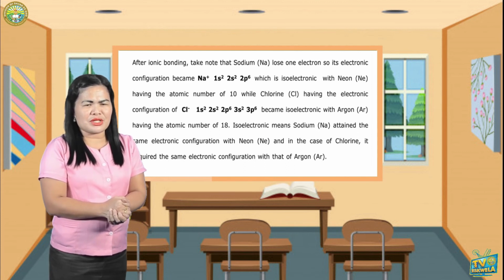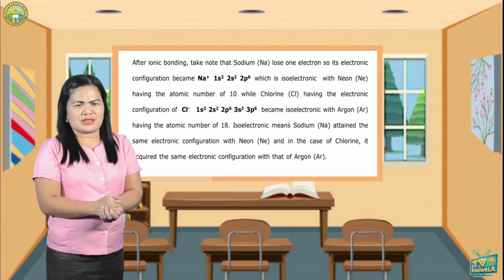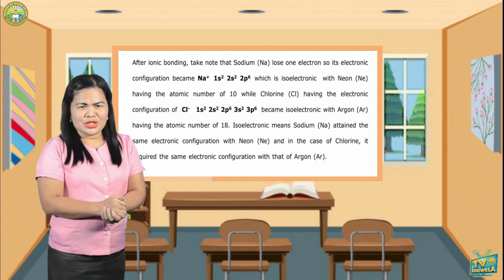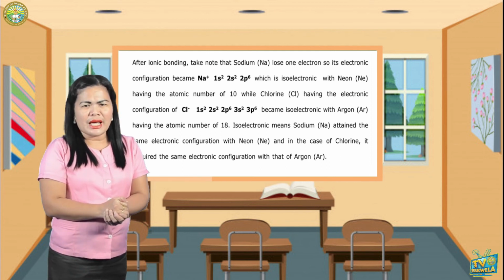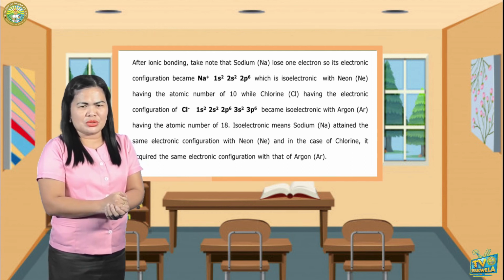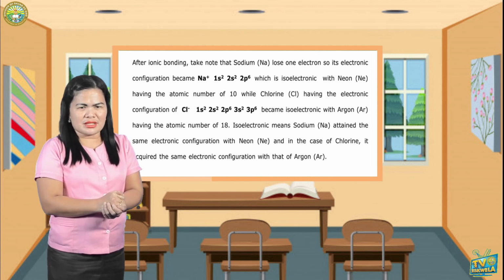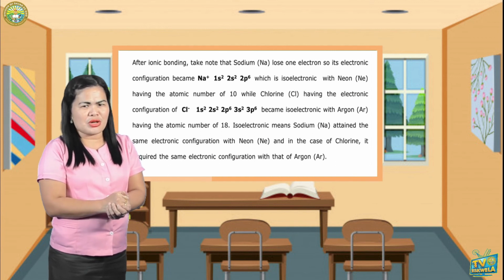So, its electronic configuration became sodium positive 1s2, 2s2, 2p6, which is isoelectronic with neon, having the atomic number of 10, while chlorine negative, 1s2, 2s2, 2p6, 3s2, 3p6, became isoelectronic with argon, having the atomic number of 18.